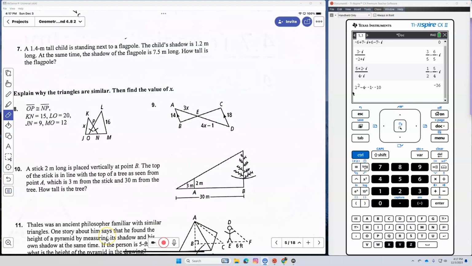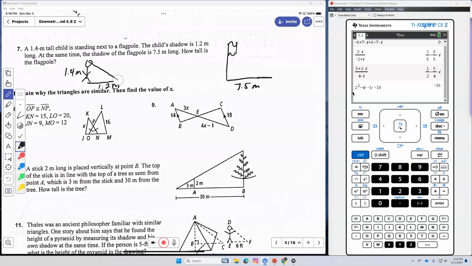A 1.4 meter tall child is standing next to a flagpole. So we have a child here, and we have a flagpole, and the child casts a shadow of 1.2 meters. At the same time, the shadow of the flagpole is 7.5 meters. We know that the child is 1.4 meters tall, and of course we have similar triangles, and we want to know how tall the flagpole is.